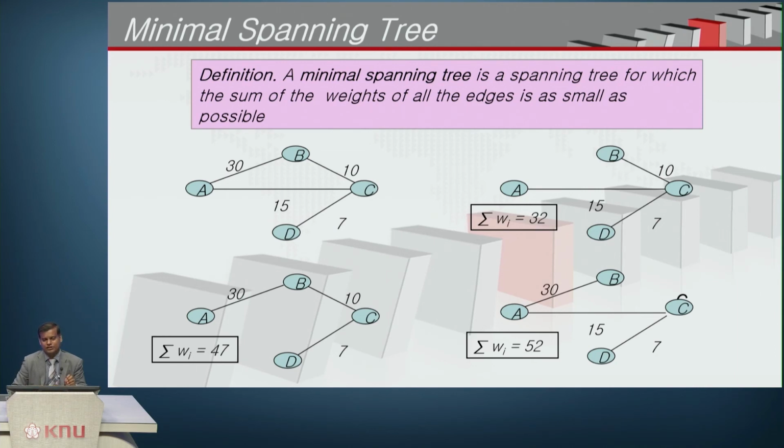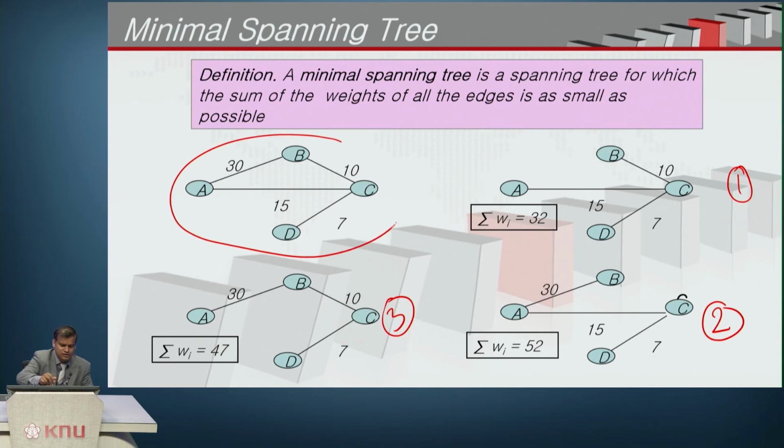So the question about the minimum spanning tree is whether it has the minimum value among these spanning trees, because this one is a spanning tree, this is another spanning tree, this is another spanning tree, all are spanning trees out of this given graph. This is the given graph for us, and from this we are developing different spanning trees.